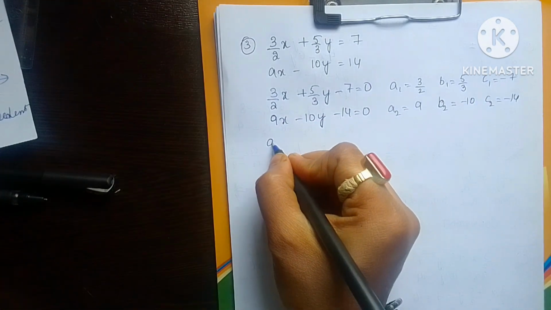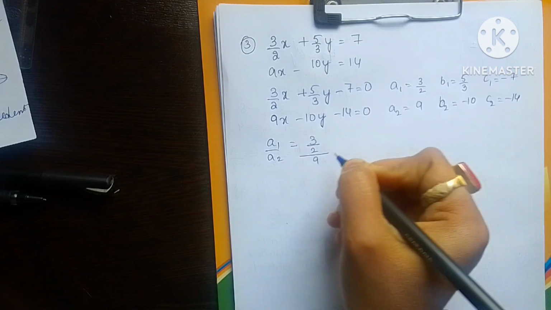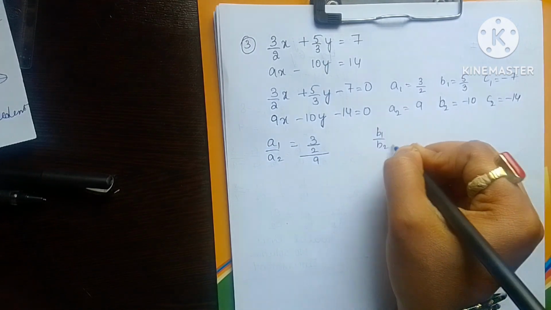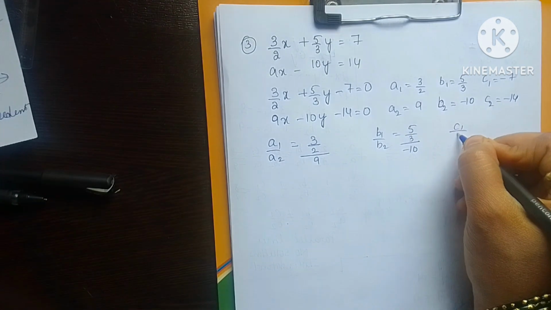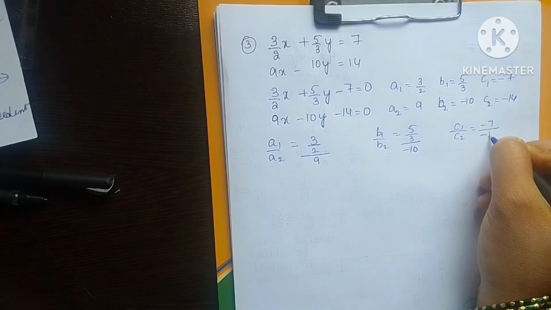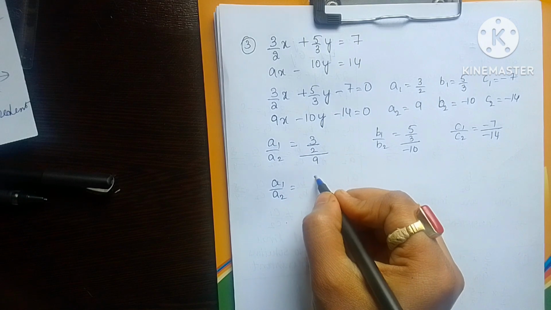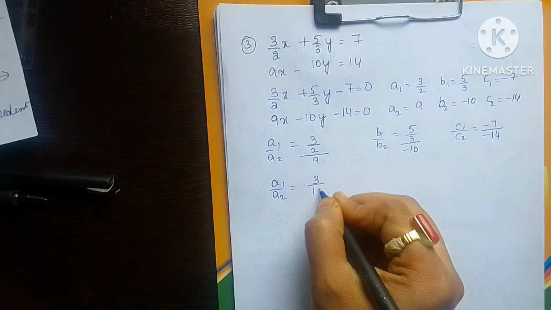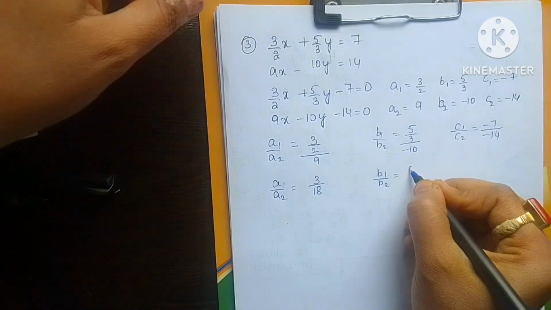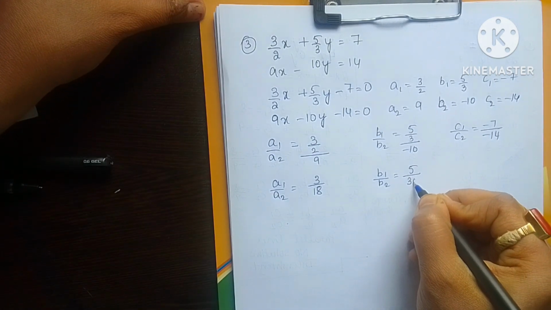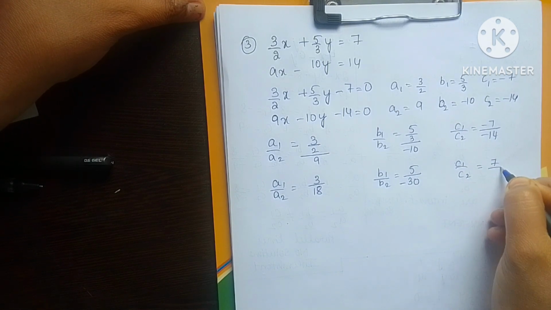Now a1 by a2 is 3 by 2 by 9. b1 by b2 is 5 by 3 by minus 10. c1 by c2 is minus 7 by minus 14. a1 by a2 is 3 by 9 twos are 18, b1 by b2 is 5 by minus 30, c1 by c2 is 7 by 14.